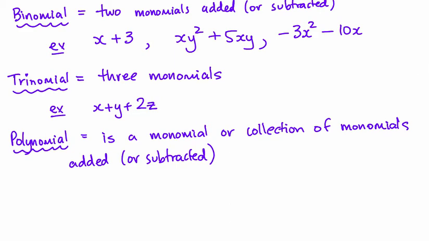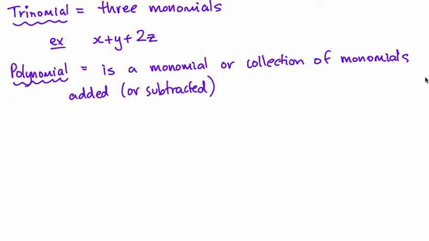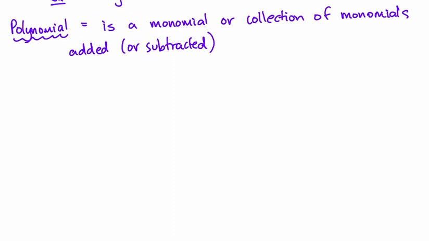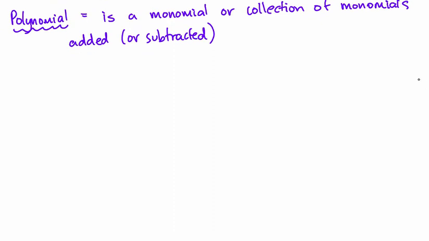Those are a type of polynomial. Trinomials are a type of polynomial. Above 3 terms, 4 terms, 5 terms, 6 terms, we just call those polynomials. They don't have any other kind of special names that mathematicians generally use.